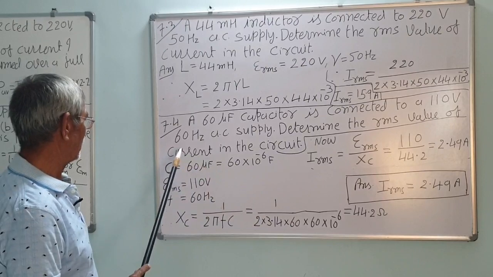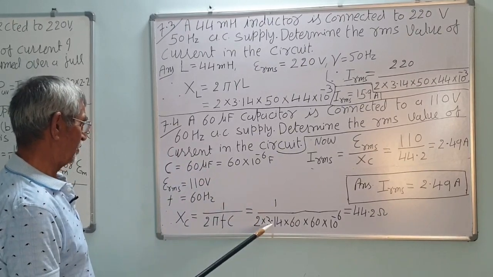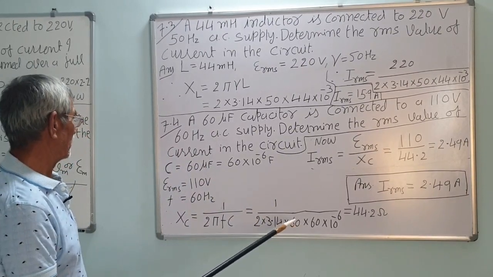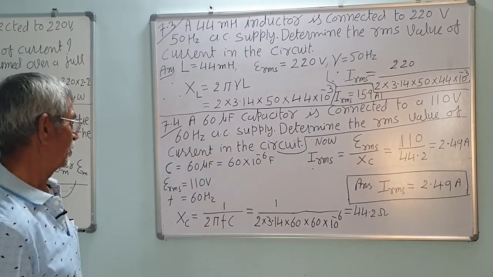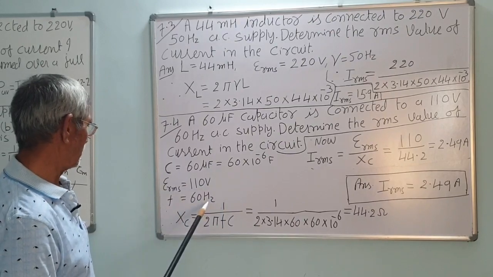So, everything is given. So, 1 upon 2 into pi 3.14 into frequency, that is 60 Hertz, given, correct, or you can note it here.